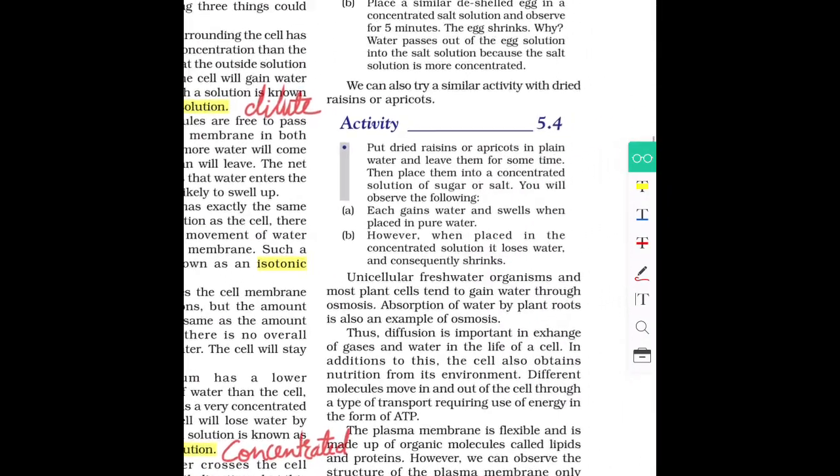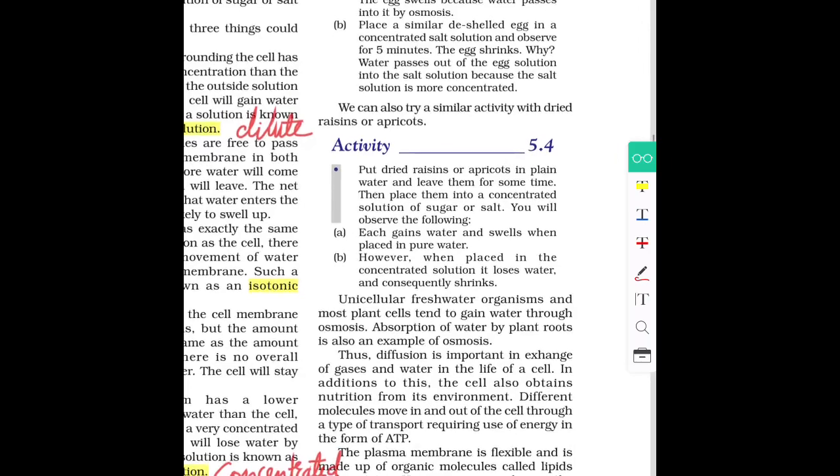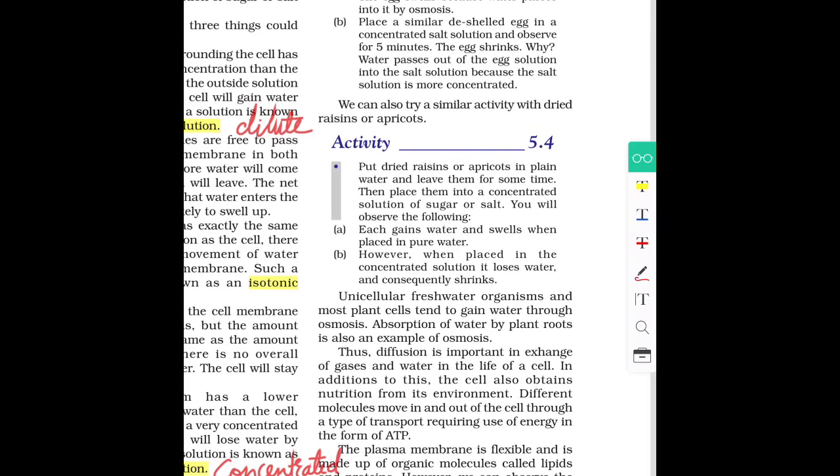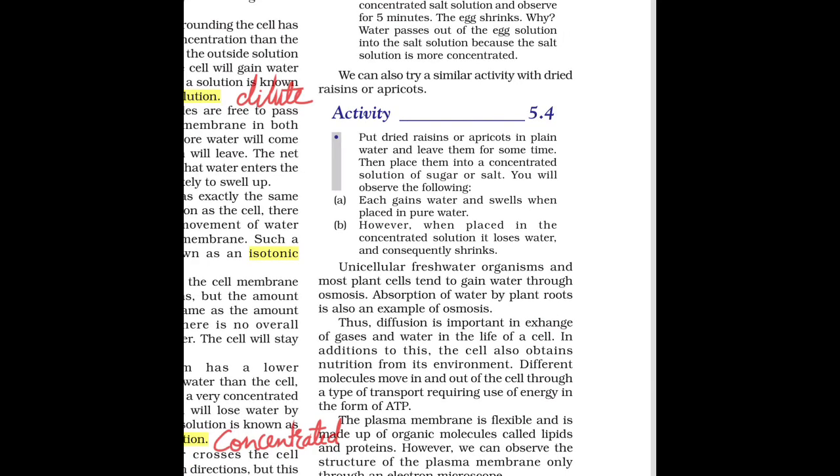We can perform the same activity using dried raisins or apricots. Most of you must have seen this or done this in your houses. Put dry raisins or apricots in plain water and leave them for some time. Then place them into a concentrated solution of sugar or salt. You will observe the following.